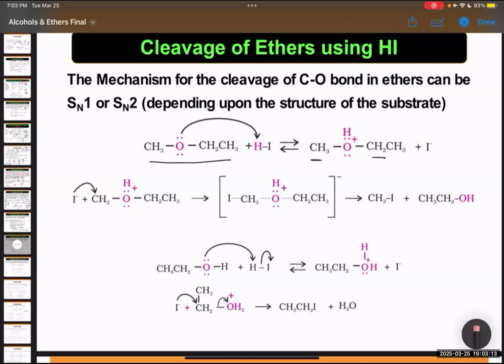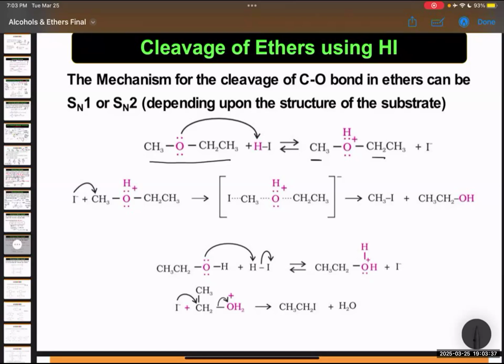A cation will be stable if they are tertiary, or if they have a resonance-stabilized cation, like a benzylic cation. This group doesn't have any double bond, doesn't have any benzene. So they are not going to break and form a cation.